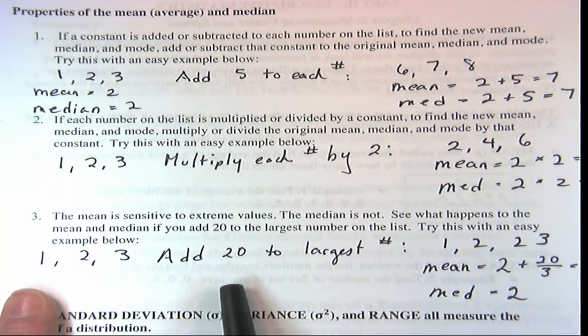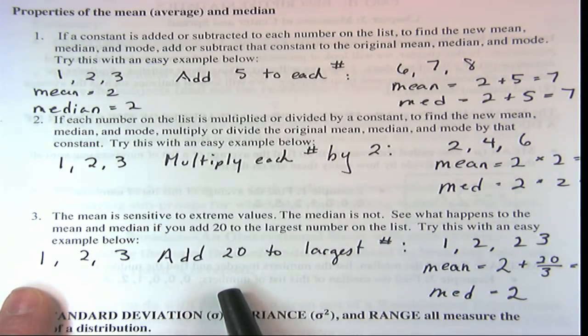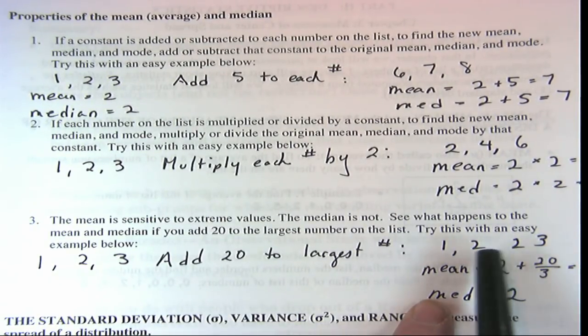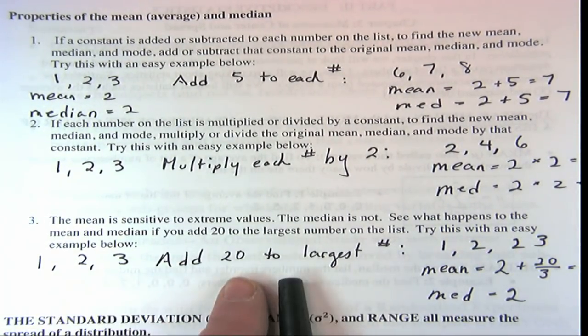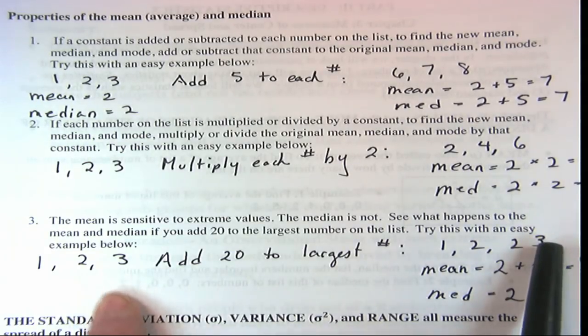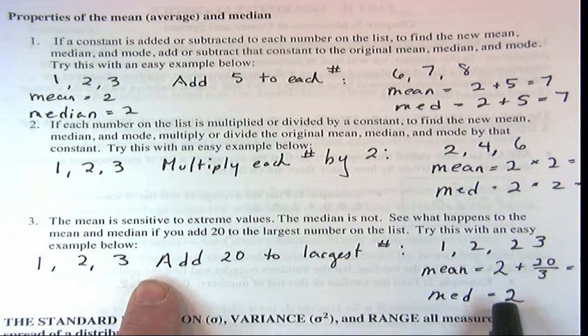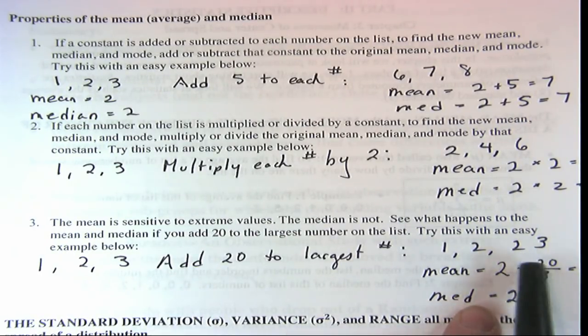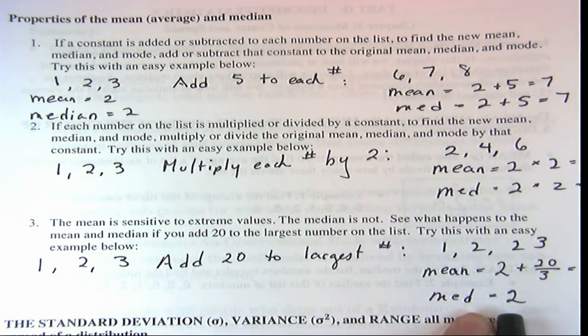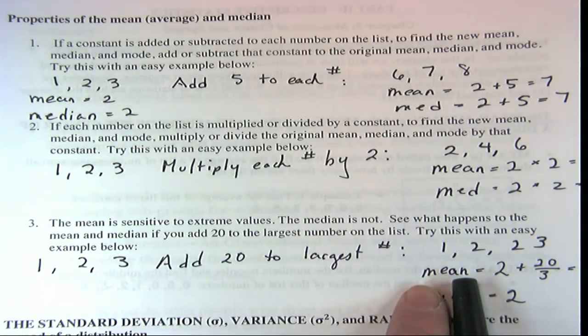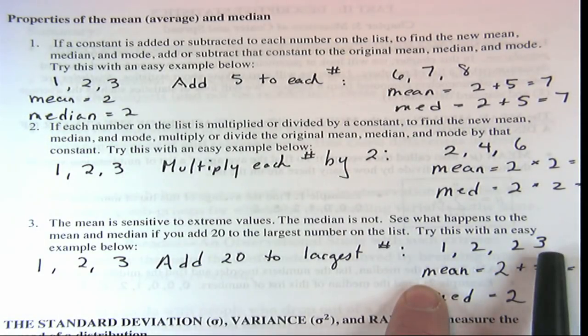But here's where you'll see a difference between the mean and the median. The median is not sensitive to extreme values because it's the middle number. So if we, for example, add 20 to this largest number to make it 23 here, the middle number is still 2. It could be 23 million, and the median would still be 2. It's not affected by the extreme values. Whereas the mean takes into account every single number on the list.